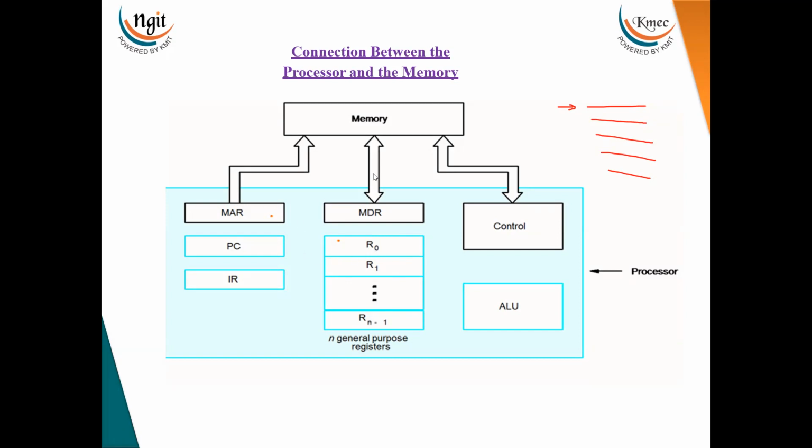So this is about the control unit. Already we have discussed it. It will give control signals like read and write. Whenever the processor wants to read data from the memory, the control unit gives the read instruction. And whenever the microprocessor wants to write data into the memory, the control unit will give the write instruction.